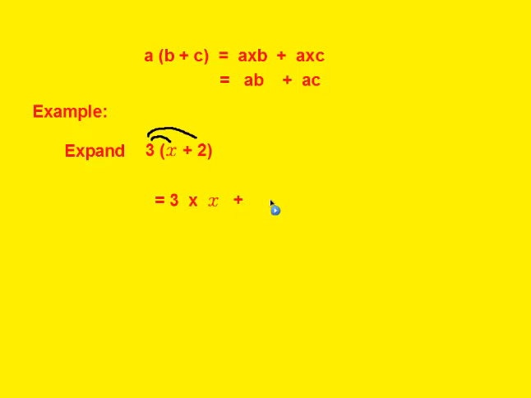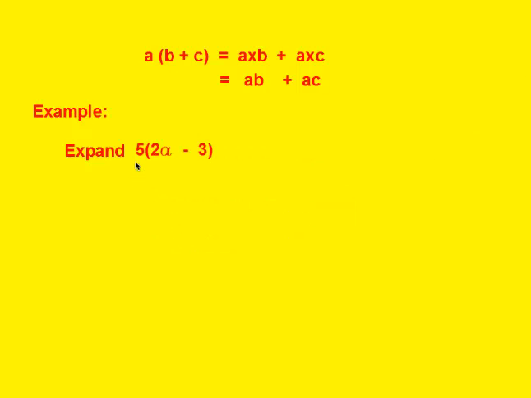So add 3 by 2. And again, using our shorthand, that's just equal to 3x plus 6. Now, as you get used to this, you'll miss out this step here, and you'll go straight to this line. 3 multiplied by x is 3x. 3 multiplied by positive 2 is positive 6. So we go straight to this line.